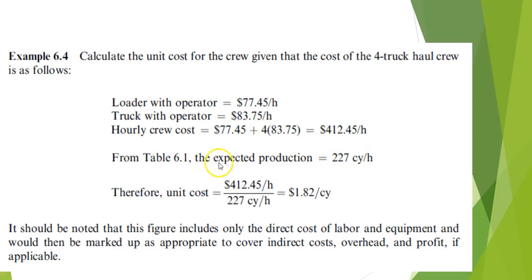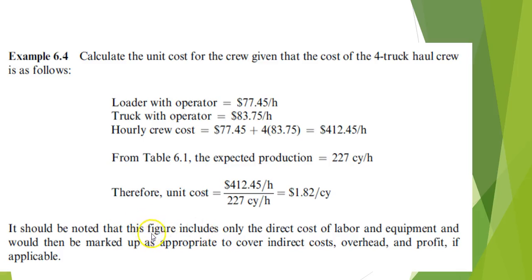And then again, if you go back to the output that we saw earlier from our simulation, where we had 227 cubic yards per hour as the expected production, then you can calculate cost per cubic yard, which is 412 divided by 227, or $1.82 per cubic yard.